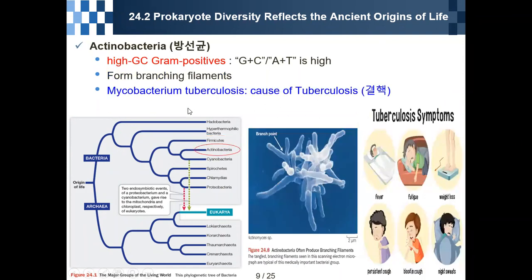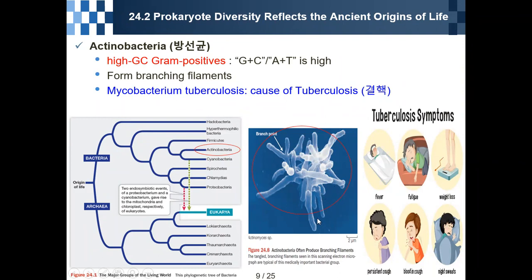The next one is the actinobacteria. In Korean we call it 방선균. Like the previous one, they are gram positive, but their GC value is high compared to 80. This one we call actinobacteria. They also have several branches and form branching filaments.